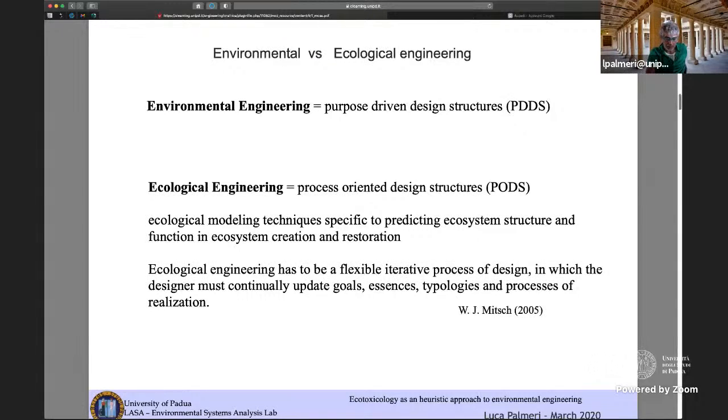Ecological modeling techniques are specific to ecological engineering and are used to predict ecosystem structure and function in ecosystem creation and restoration.